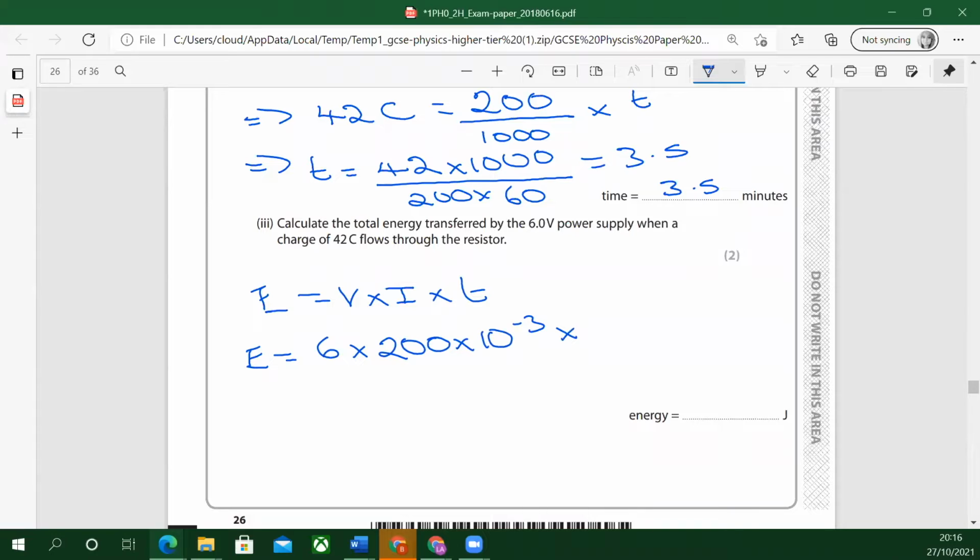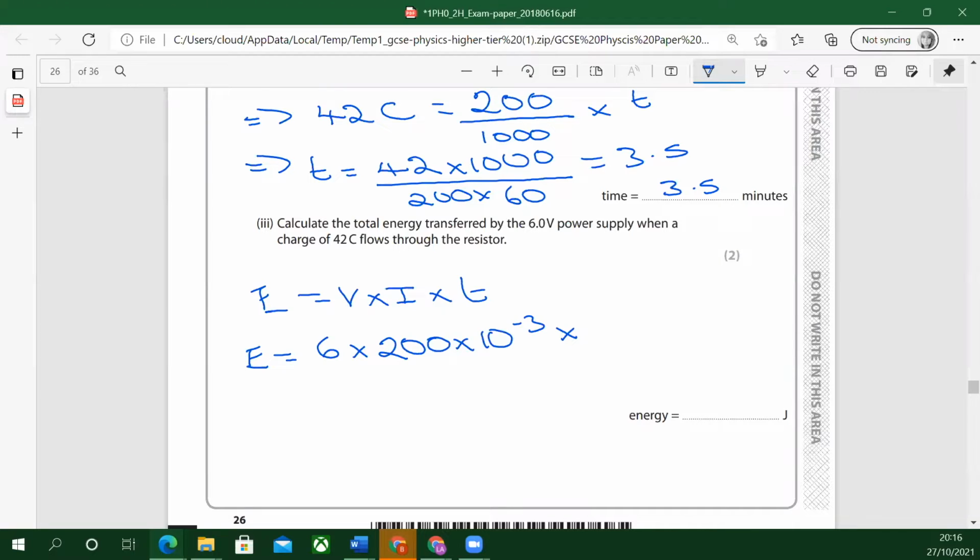And the time. So the time taken there was, let's calculate one. It's 3.5 minutes there. Let's think about how many seconds that's going to be.